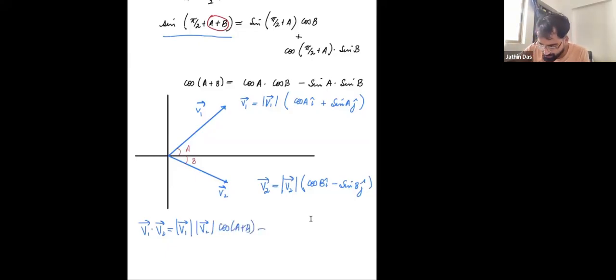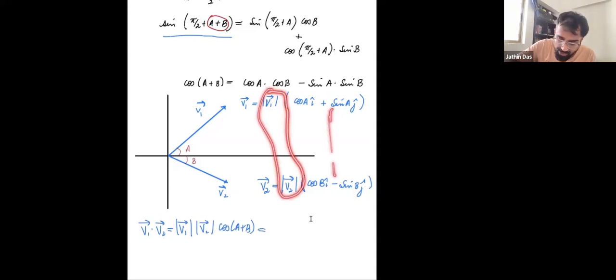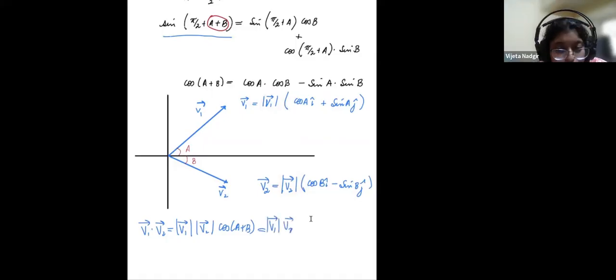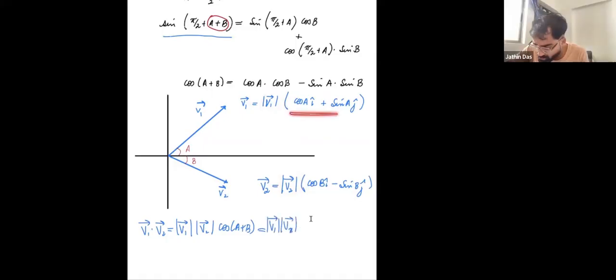Now here when we do the dot product, the magnitudes will multiply. The two vectors, you will multiply the i's separately and the j's separately.